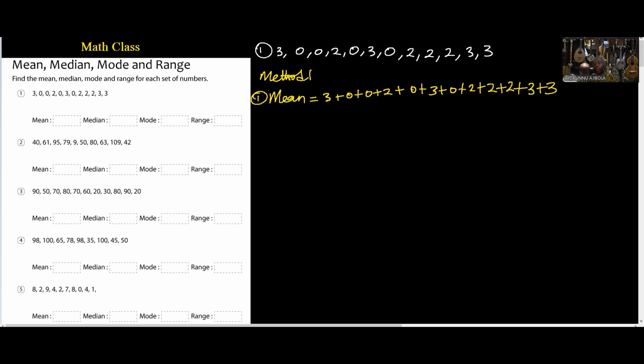So all of them. Then I'm going to divide the sum of all these numbers by the total number of entries that we have there.